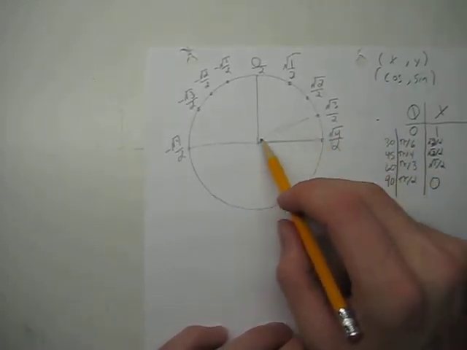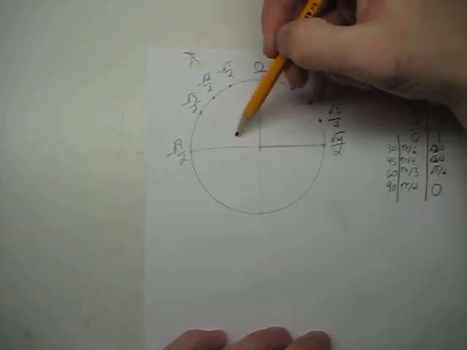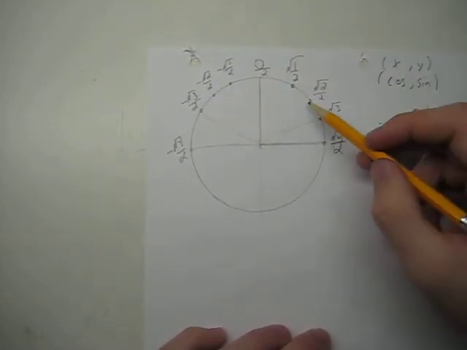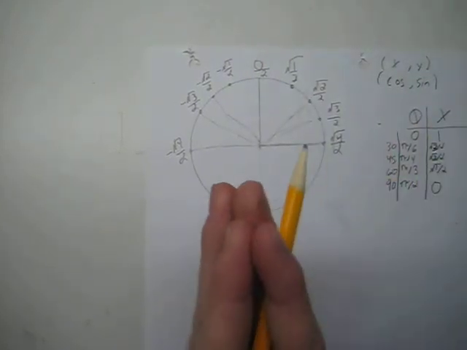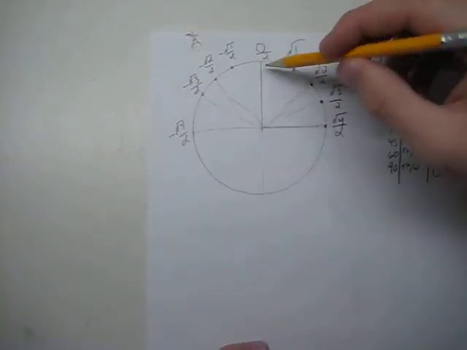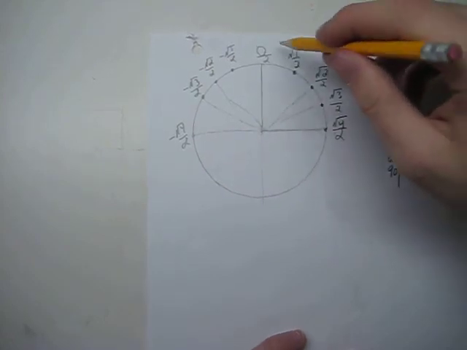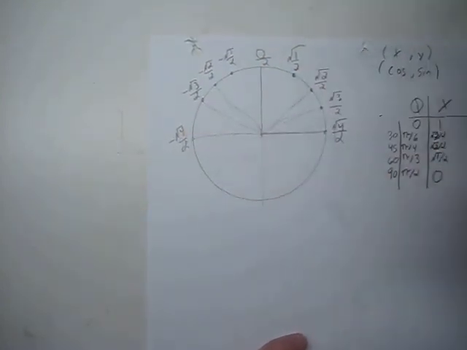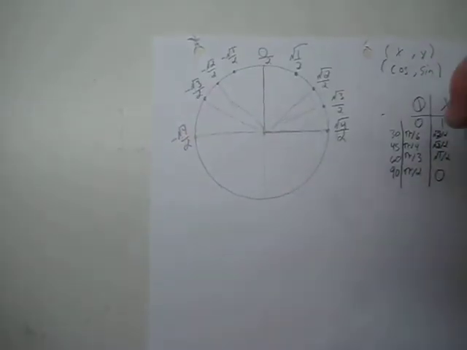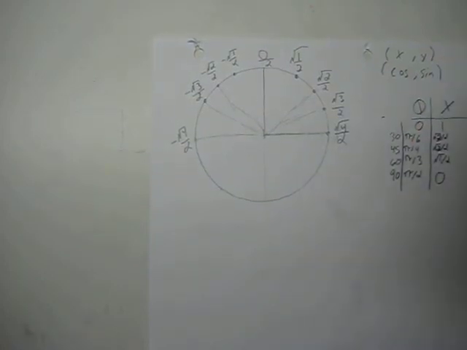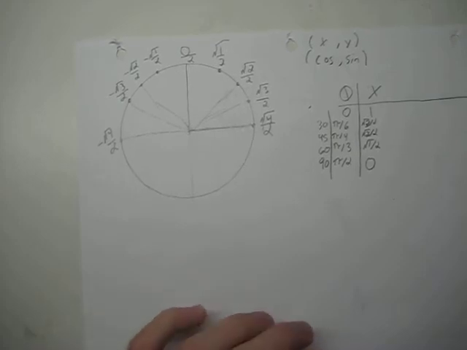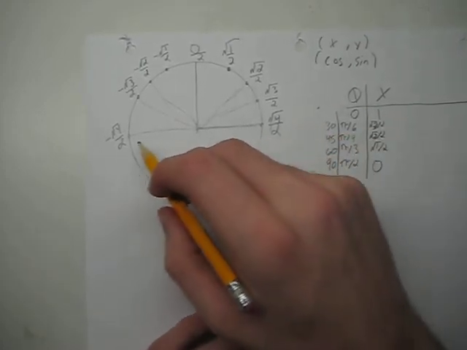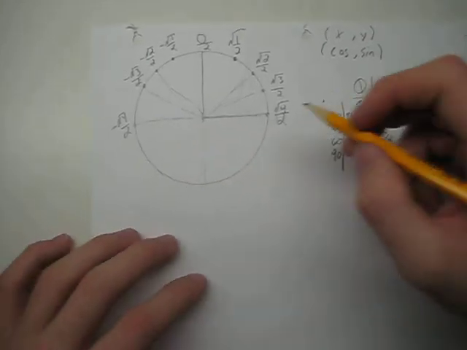This angle right here is equal to this angle right here. This angle right here is equal to this one right here. And you can see it's symmetric. So if you memorize this, you'll be able to memorize this. And if you aren't able to memorize it, you'll be able to figure it out with a pen and some paper.